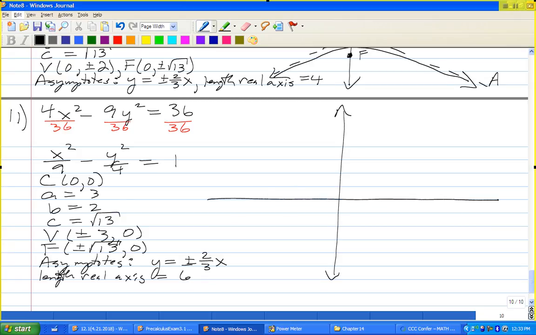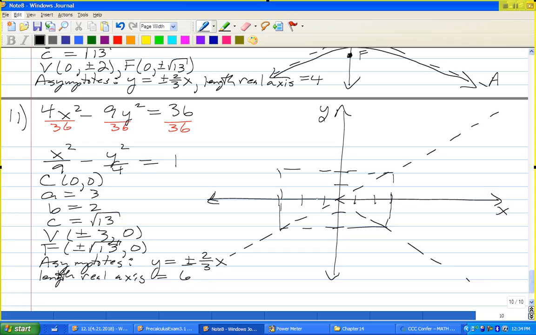So my graph looks something like the following. So you go 3 in the x, 2 in the y. So here's my bounding rectangle. Here are my asymptotes. And let's see.